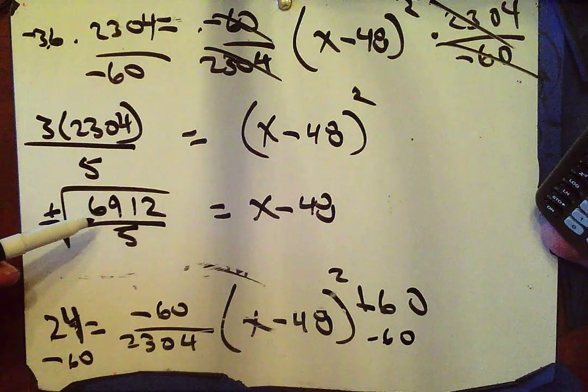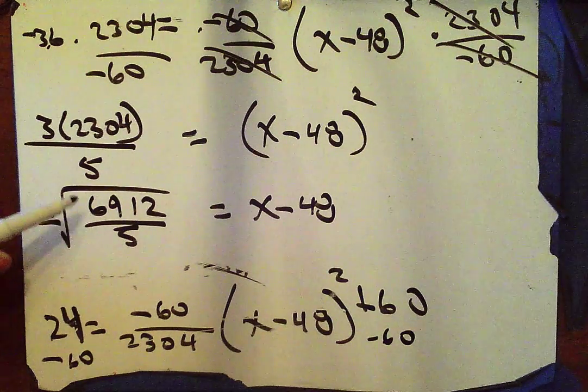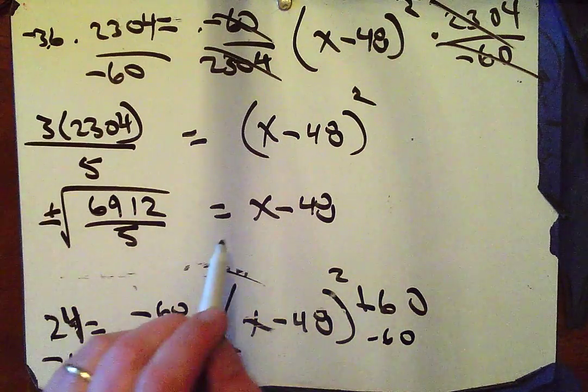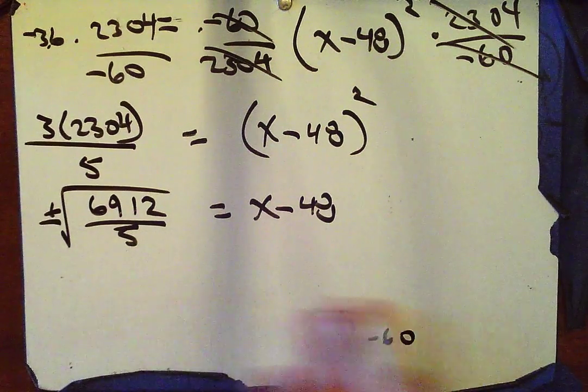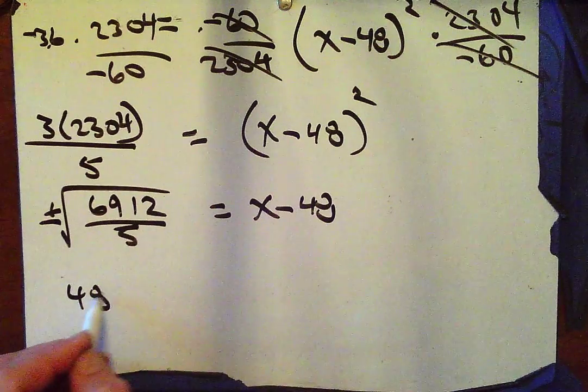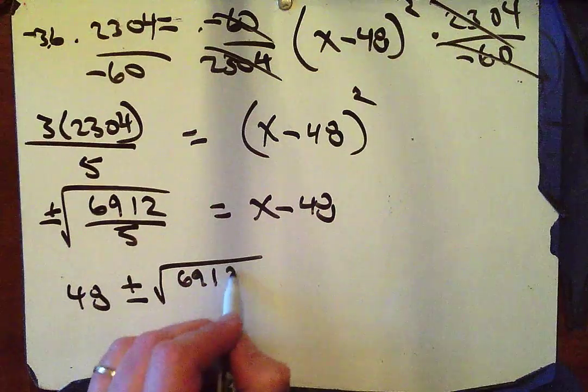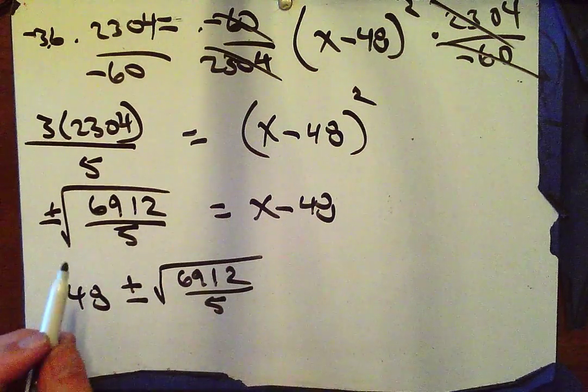And I get, no, 83.1384. So, yeah, I'm not going to worry. I'm just going to add 48. And so my answer is looking like 48 plus or minus square root of 6912 over 5.